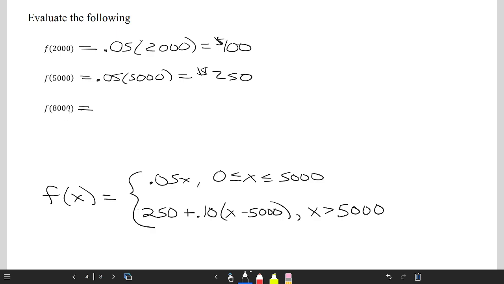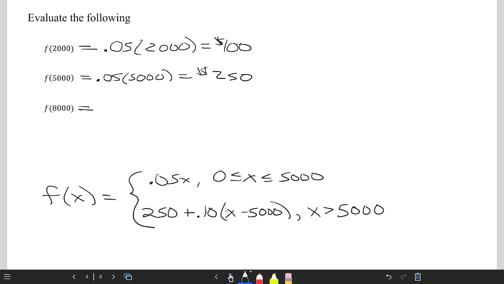Now, for 8,000 gallons, we can't use this expression here because now we're looking at more than 5,000 gallons. So 8,000 does not satisfy this inequality. If x is 8,000, this is not a true statement anymore. But this is, right? 8,000 is more than 5,000. And so this is the expression we would use.